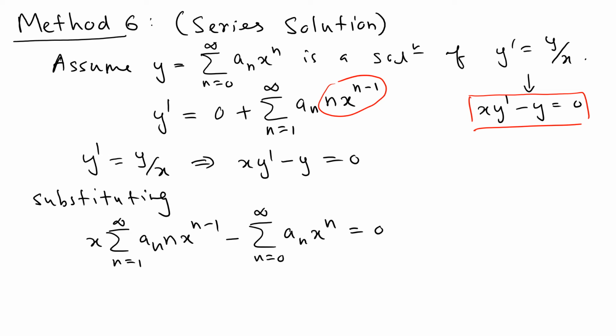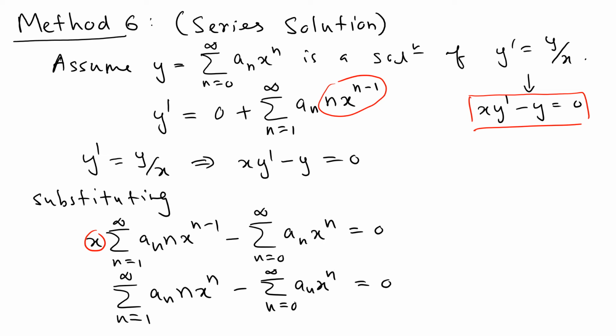Then we can bring this x inside. That means you can write this as the sum for n going from 1 to infinity of n a_n x^n, minus the sum for n going from 0 to infinity of a_n x^n. Now we're going to write the uncommon terms first and the common terms separately. For example, when you plug in n equals 0, you get a term which is not common to both sides, because we try to get the same index for x.